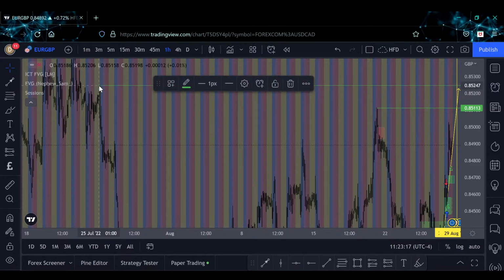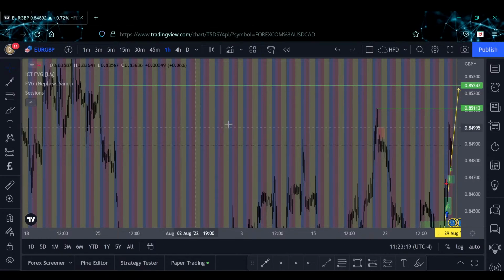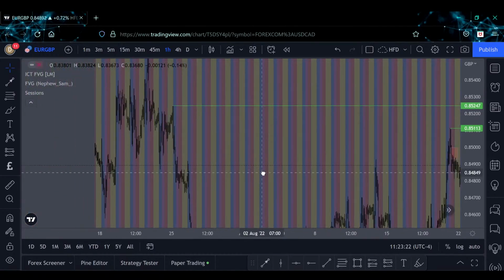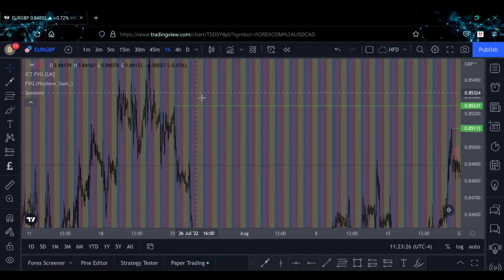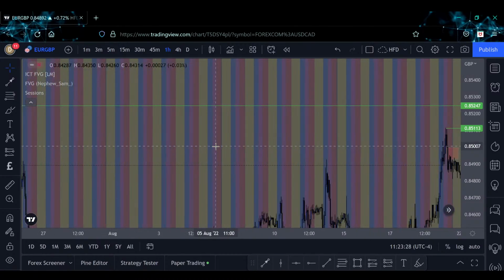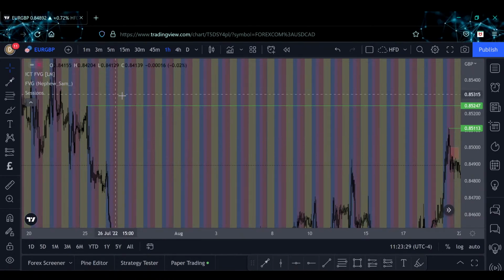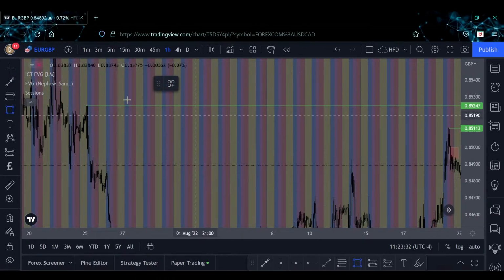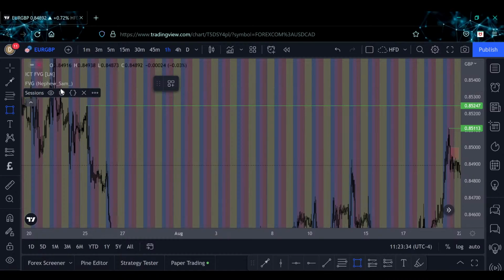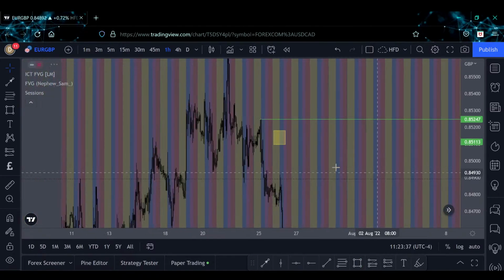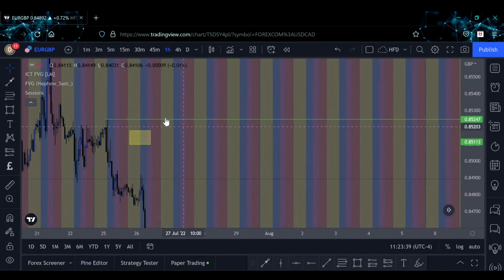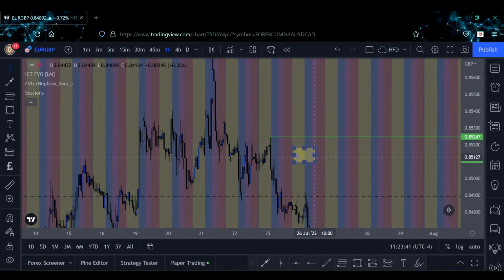Equal highs here as well, see that? But imbalance here could be a target for reversal, to be honest. What we'll do is I'll mark that out as a potential reversal point.